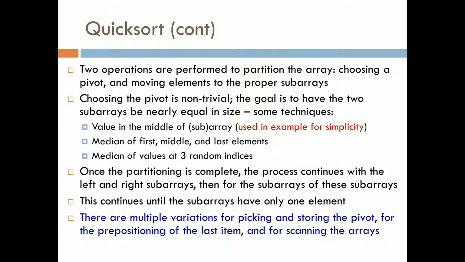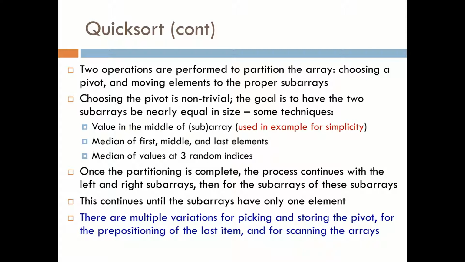Choosing the pivot is non-trivial, and the goal here is to try to have two subarrays that are roughly the same size, but without actually just counting the number and splitting them in two.